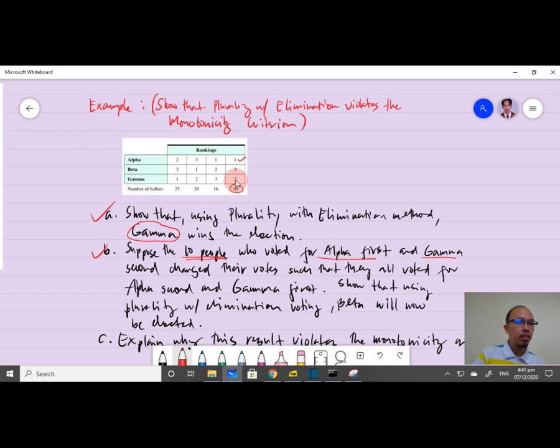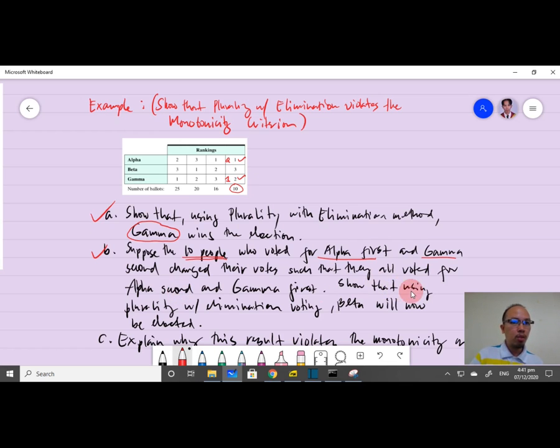What you are going to do is to change their votes such that they all voted for alpha second. So meaning to say, the first here will be second, and the second here will become first. Okay, so that's what we mean by monotonicity criterion.